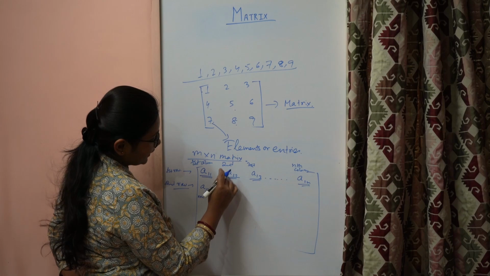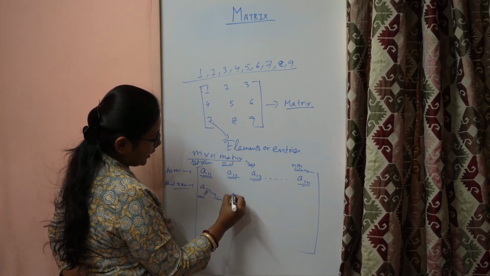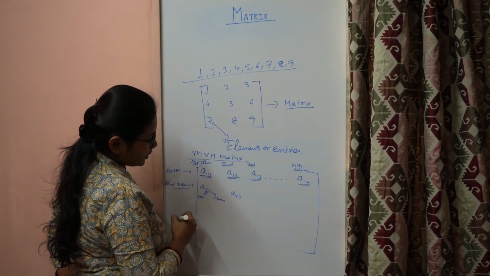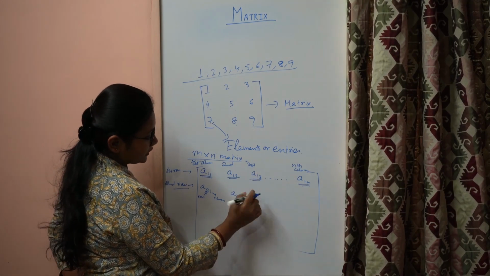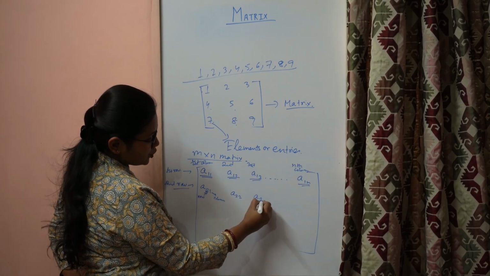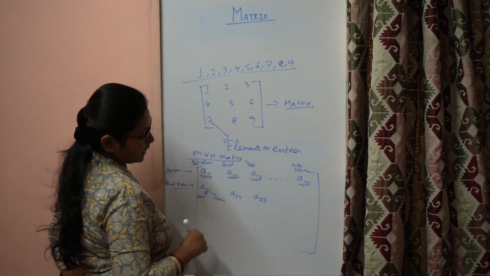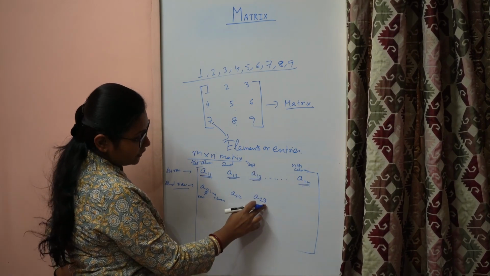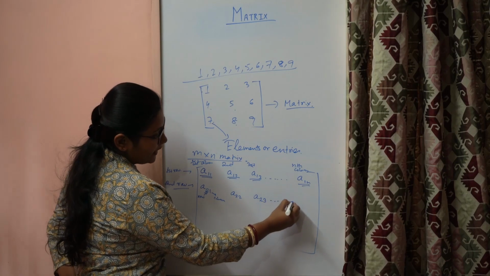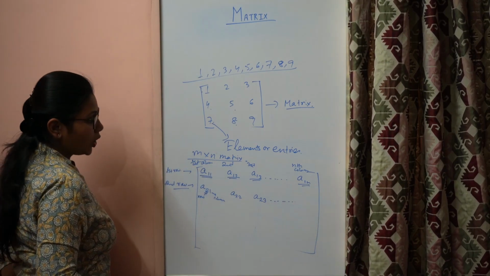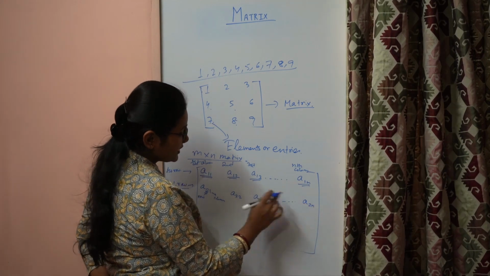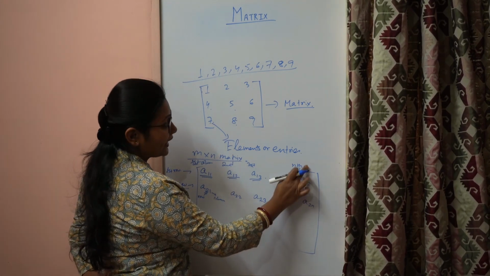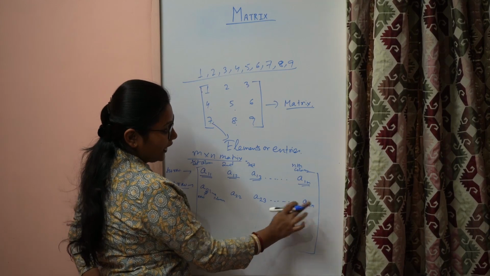The second element of the second row is A22. The element of second row and third column is A23. The last element of the second row, in the nth column, will be A2n.